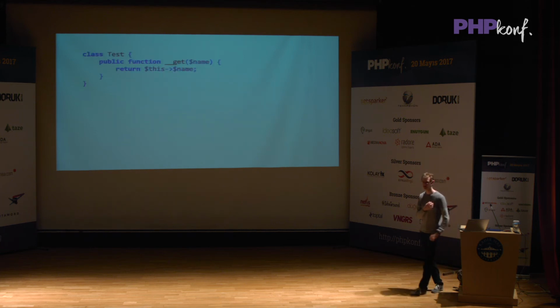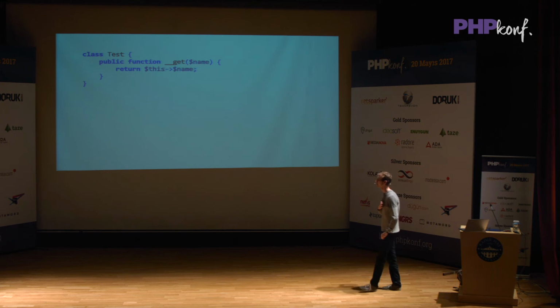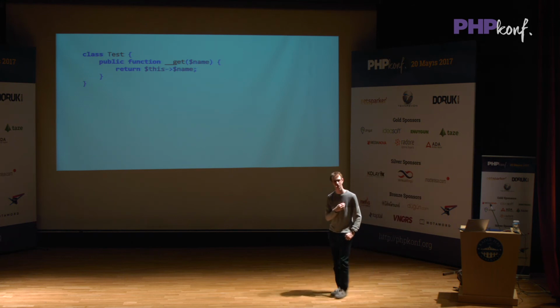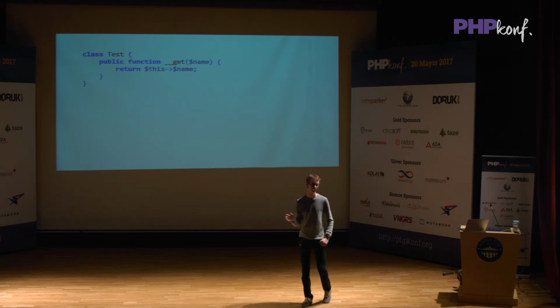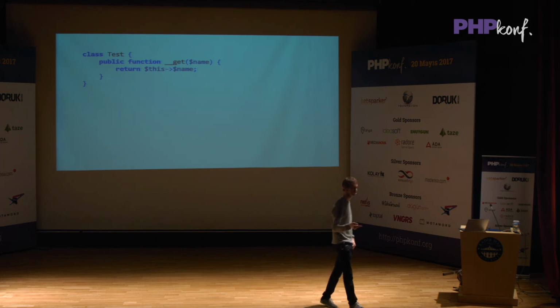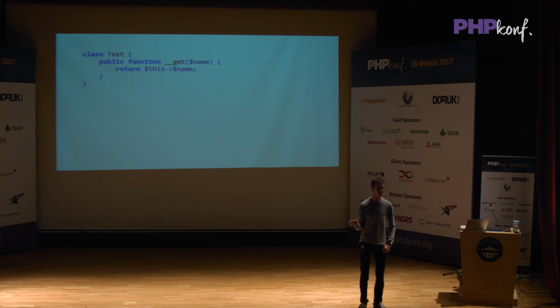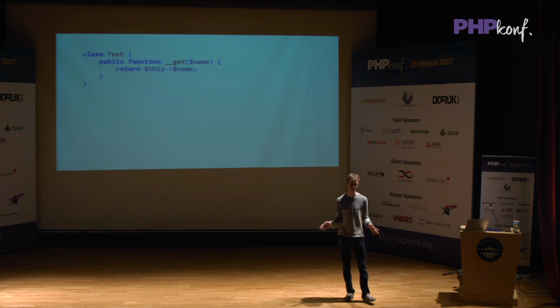The second problem is the recursion semantics. So usually in PHP, there is no recursion protection. So if you recurse, you will at some point just generate a memory error. If you see a recursion warning in PHP, that means you're using Xdebug. That's not a native feature.